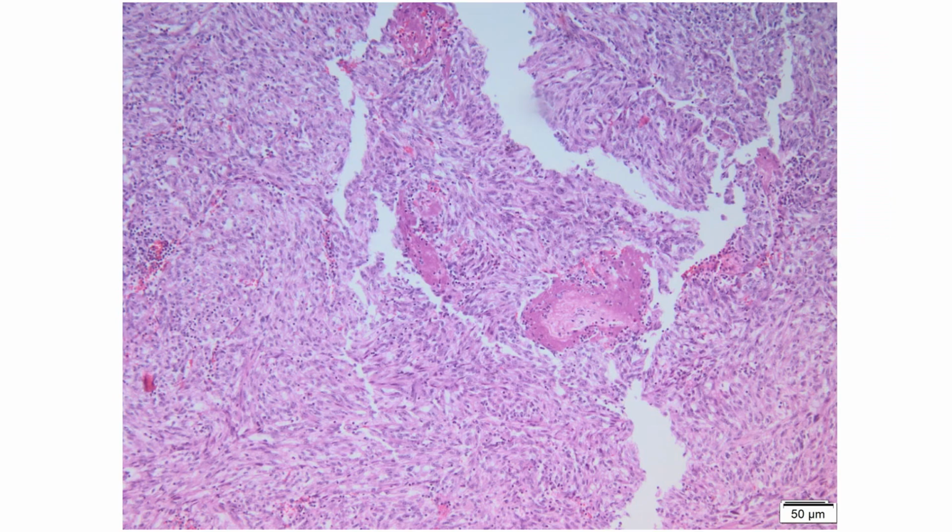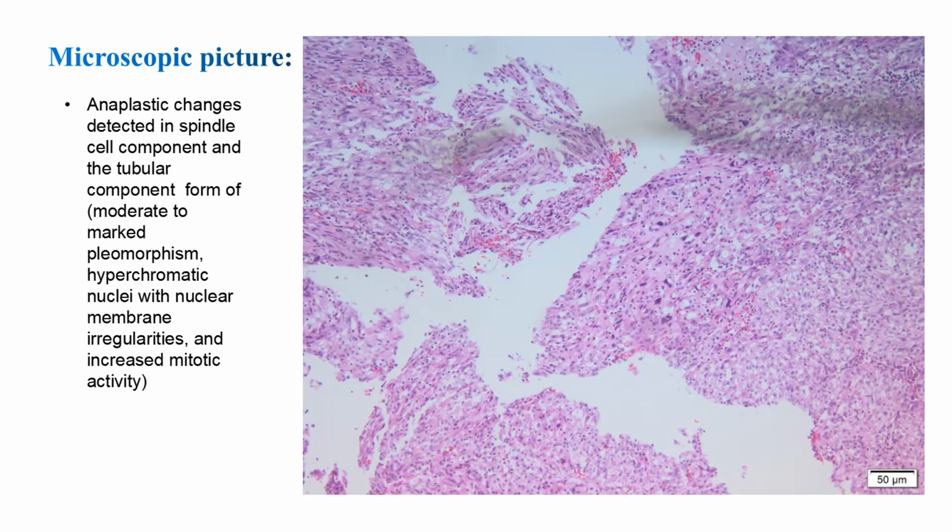But examination of the rest of the slides revealed hypercellular areas of spindle cells and tubules, and with high magnification, there are anaplastic changes detected in the spindle cell component and the tubular component, formed of moderate to marked pleomorphism, hyperchromatic nuclei with nuclear membrane irregularities, and increased mitotic figures.